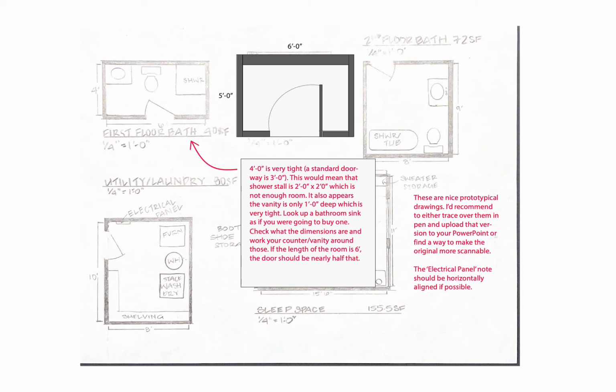So for the vanity, for instance, I would recommend going to even Lowe's or HomeDepot.com and looking up sinks, or look up a bathroom sink that you like, or one that you would hypothetically put in this cabin, and look at the size of it, and then use those sizes to then design the counter space or the vanity around it.